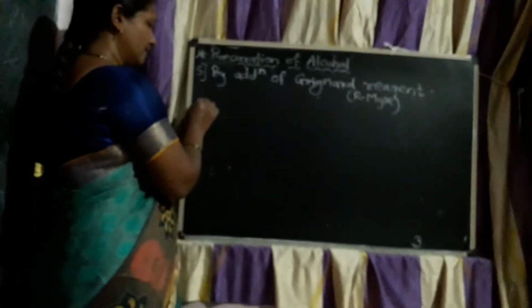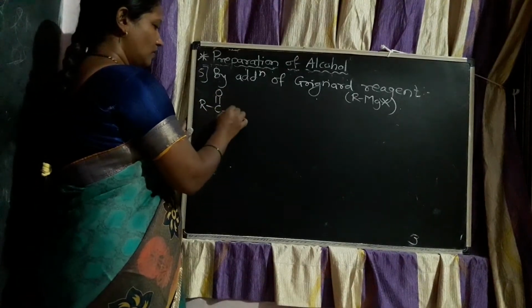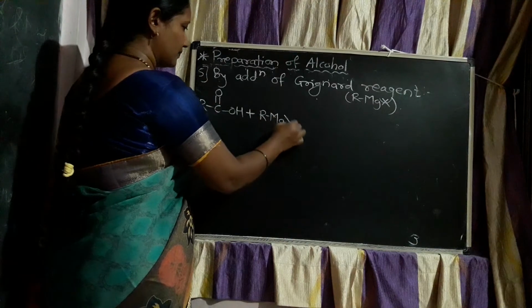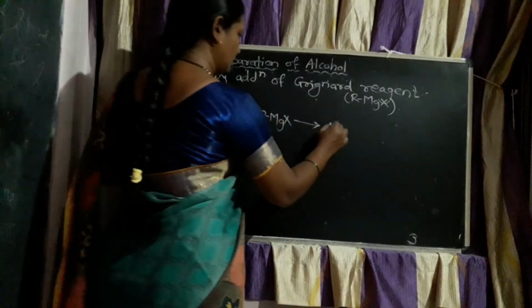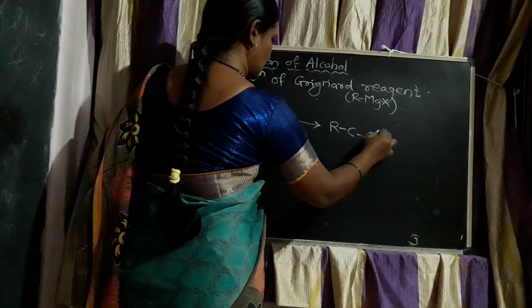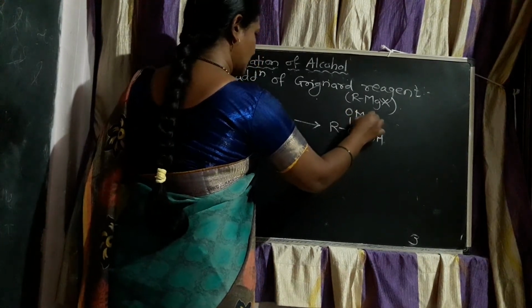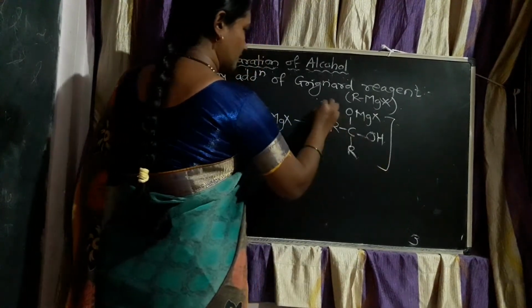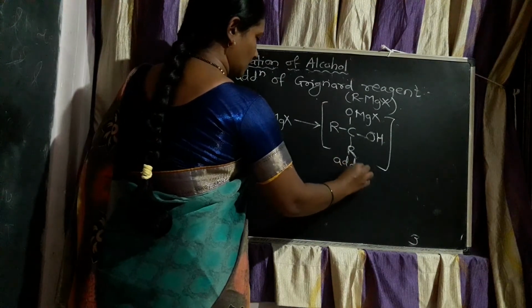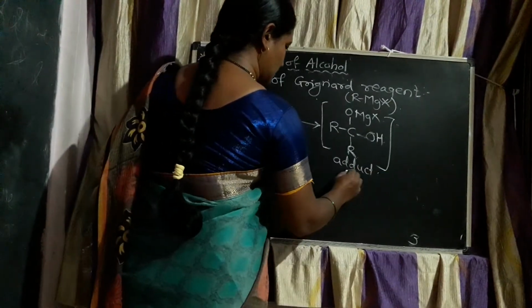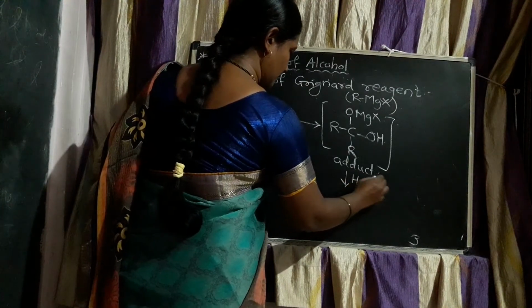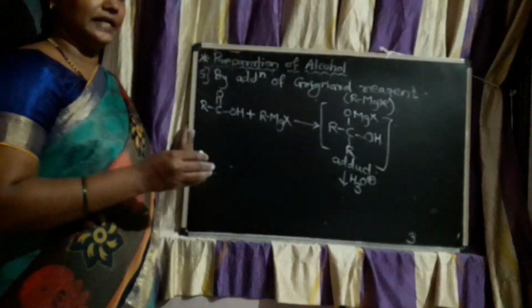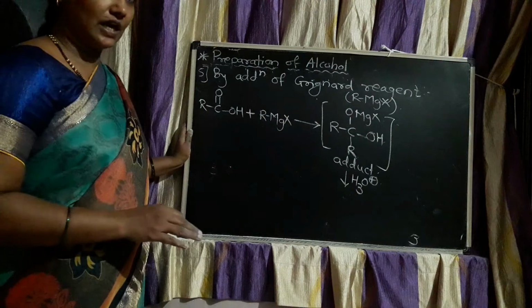First we can take the aldehyde, R C double bond OH, plus RMgX. Then it first forms RCH(OMgX)R. Now this is the adduct or addition product. Now which on acid hydrolysis. Now students, H2O means only hydrolysis, H3O plus means acid hydrolysis.